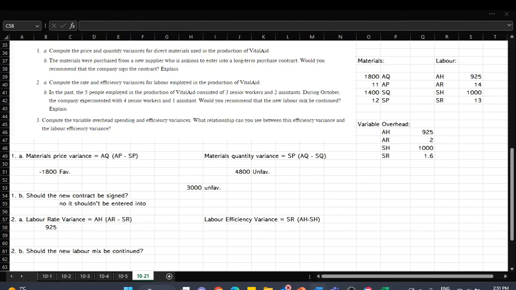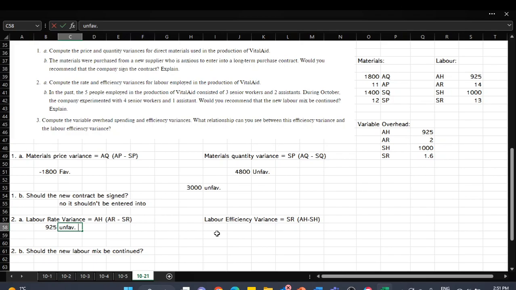Okay, which looks a little bit funny because it's actually equal to the number of hours, but anyways, it displayed as a positive number, which we know means that that is an unfavorable variance, right? Which makes sense because our actual rate is 14, where we were expecting to pay 13.